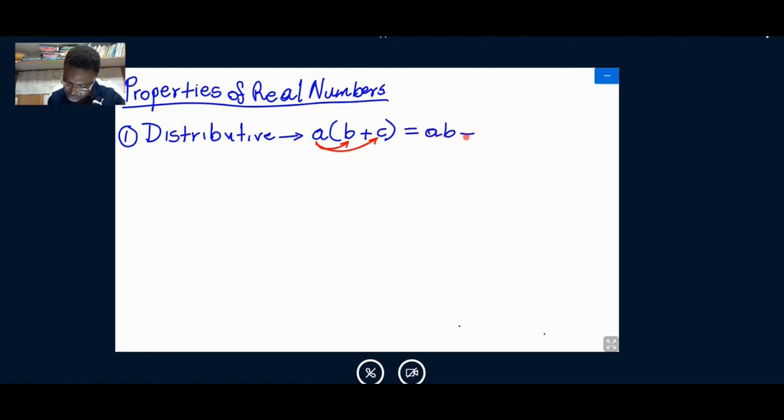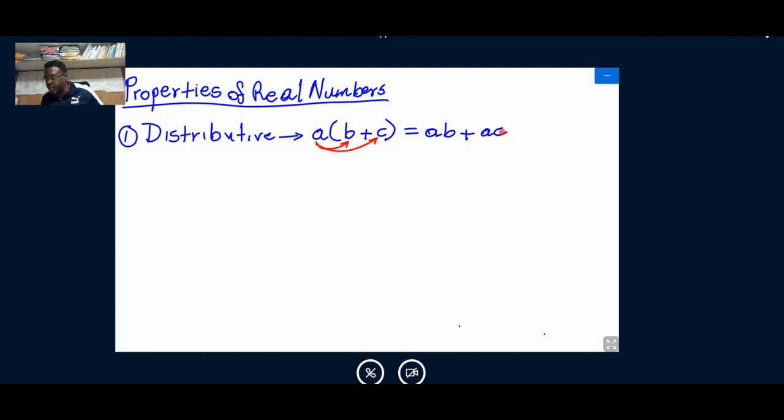You bring back this sign. If this was a subtraction sign, you'd bring it back. So in this case, it's a plus sign. And then A times C, it is AC. This is how it works.